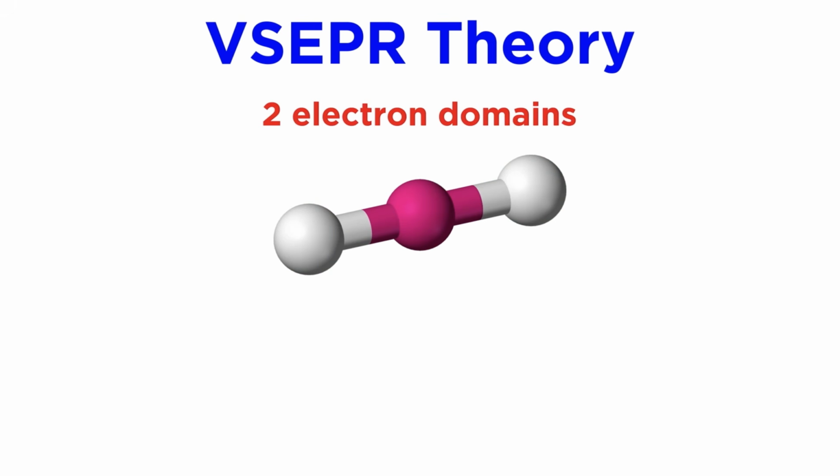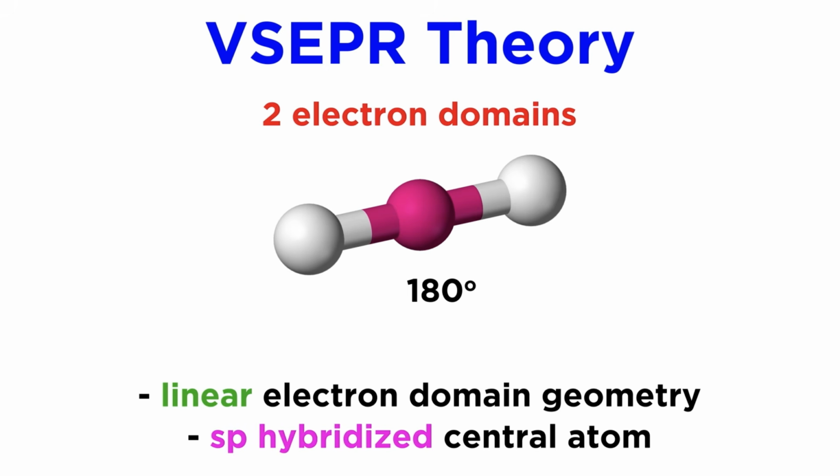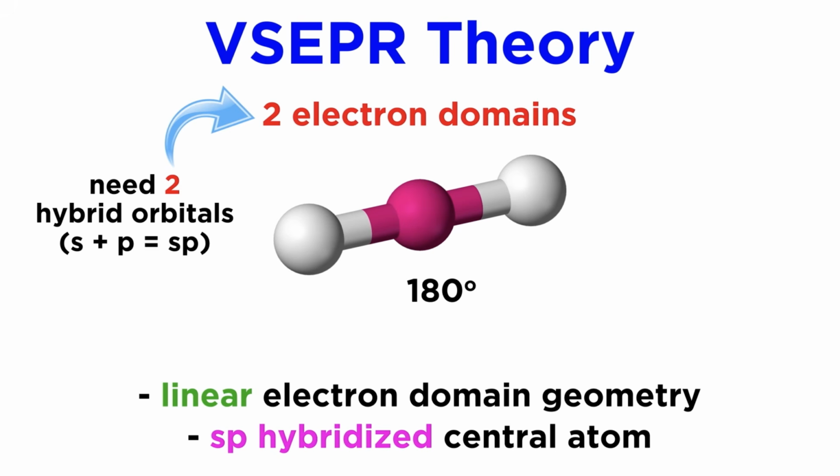2 electron domains that surround a central atom will find that a 180-degree bond angle is the best way to maximize the distance between them. This will be called a linear electron domain geometry, and we will call the central atom sp hybridized because it needs to hybridize one s orbital and one p orbital in order to make the 2 sp hybrid orbitals to accommodate this bonding pattern.